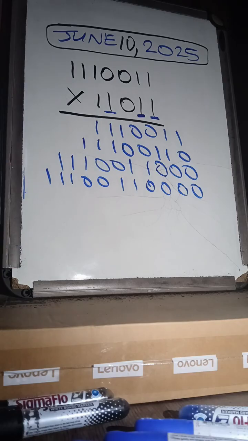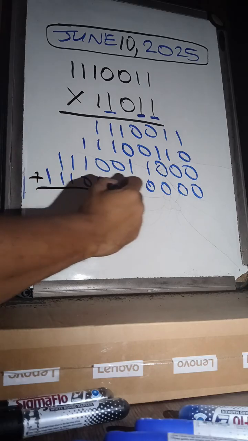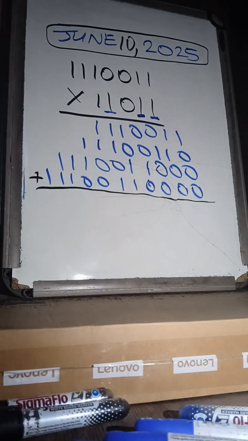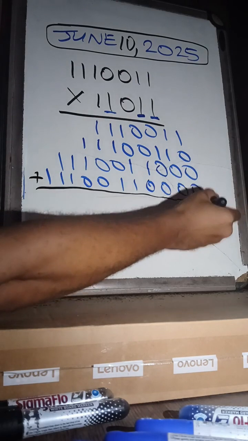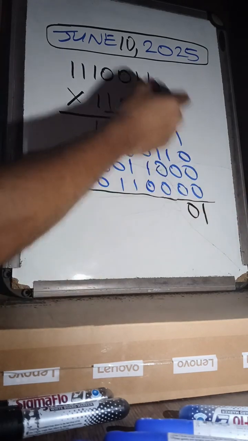Yeah. This is why. Yeah, I can only imagine keeping track of all of this. I mean, I know how to do it, but we can't guarantee that for everybody. 1 plus the 3 zeros, that is 1. 1, 1 is 0, carry a 1.